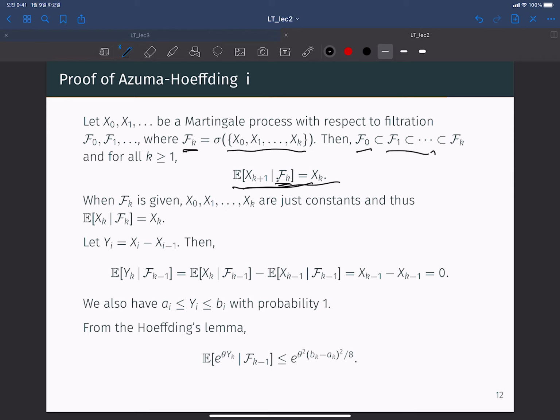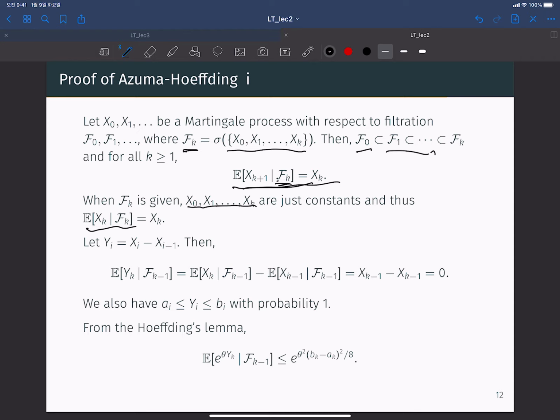So when fk is given, x0 to xk are also given. So x0 to xk are just constants, and thus the expectation of xk for given fk is just xk. Right.